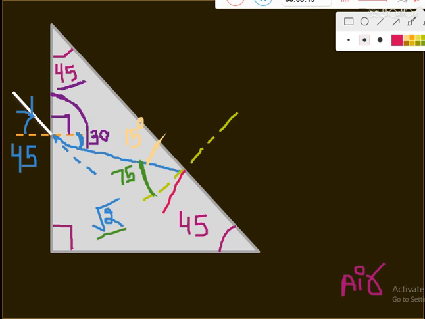So this ray will undergo TIR, and this will be the angle 75. Let's assume this angle will be 75. Then students, this angle will be 15. The inside angle that remains will be equal to 15.